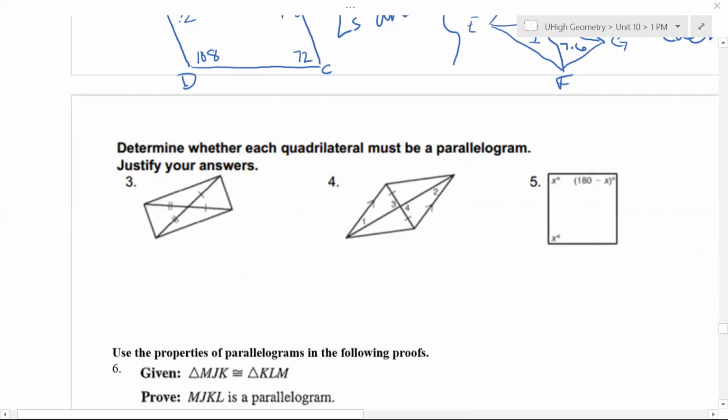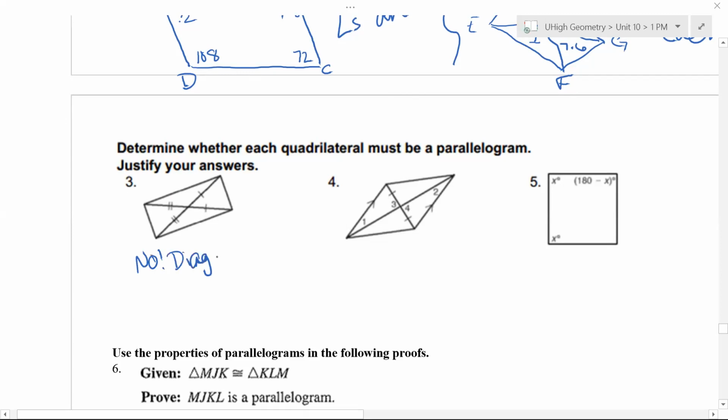Number 3, we are given that parts of our diagonals are congruent, but it's not parts of the same diagonal. So in this case, we're going to say no, this is not a parallelogram, and it's going to be the same reason as above.